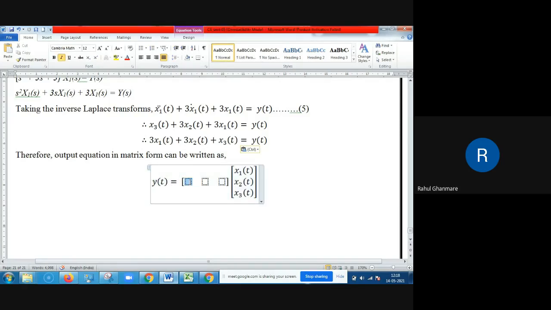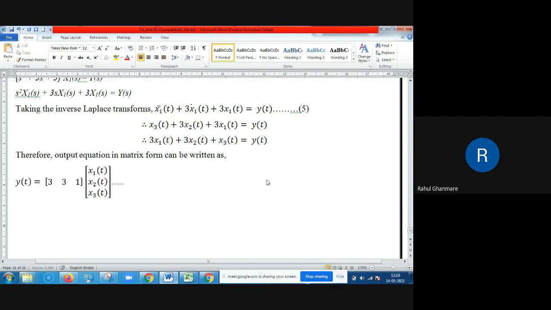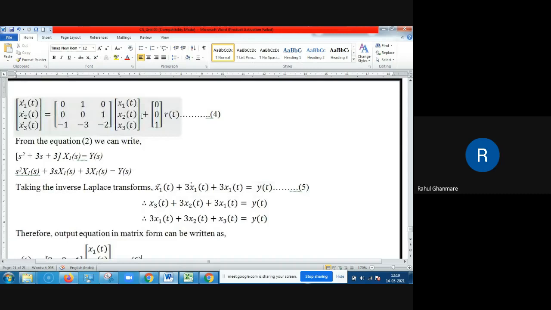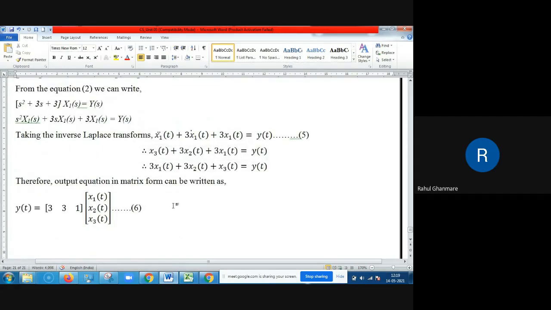So this is 3, 3, and 1. So here 3 x1 of t plus 3 x2 of t plus 1 x3 of t. Okay. So in this way, you get the state model of this as a function, right? So here I am giving this equation number 6. So this equation number 4 and equation number 6, right?